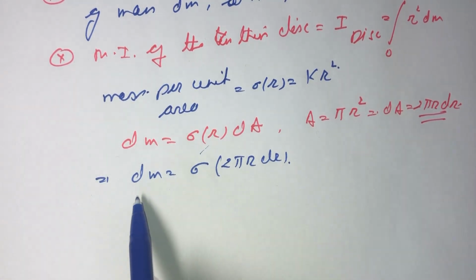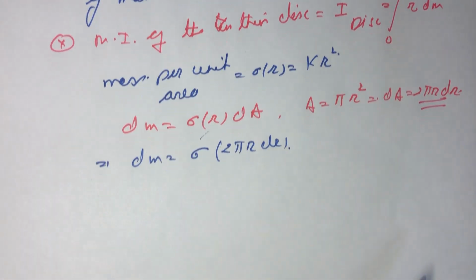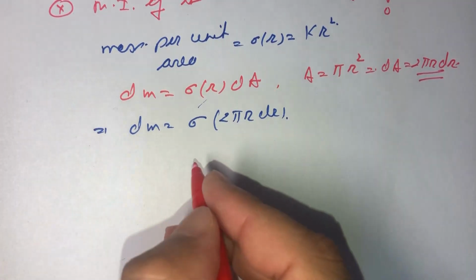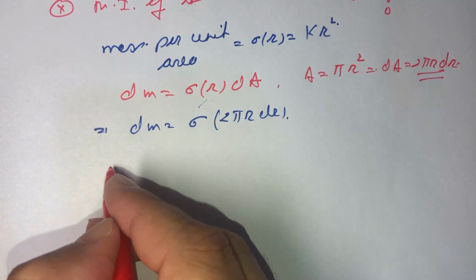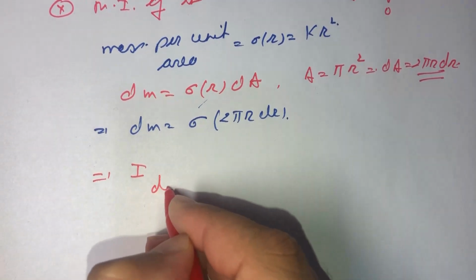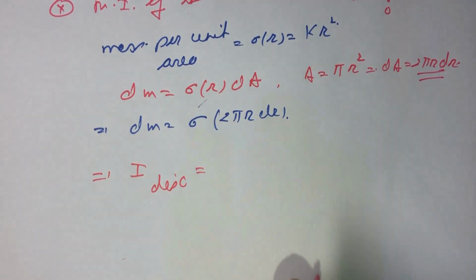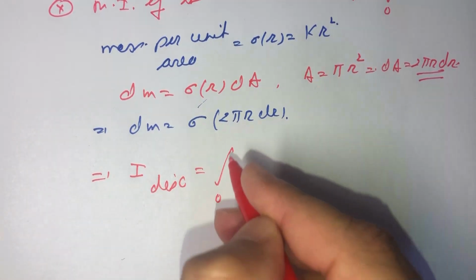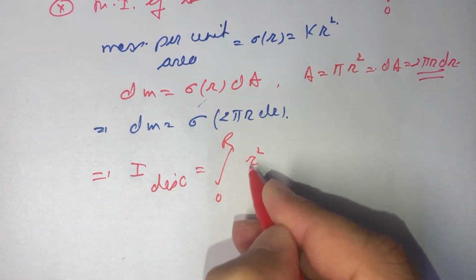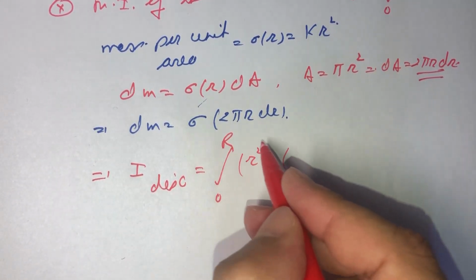So substituting the value of dm in the equation, we get moment of inertia of the disk with the limits 0 to r is equal to integration of r square multiplied by dm.